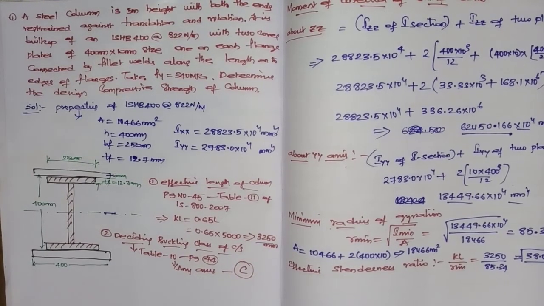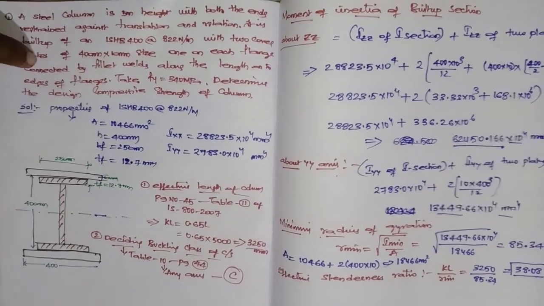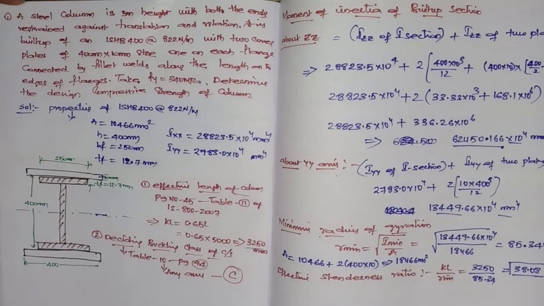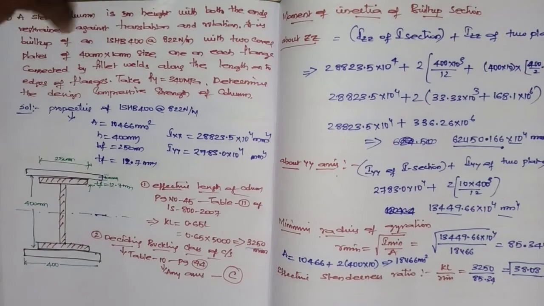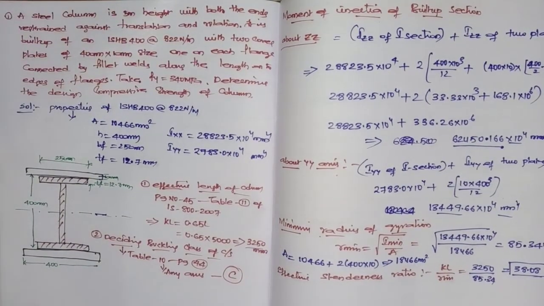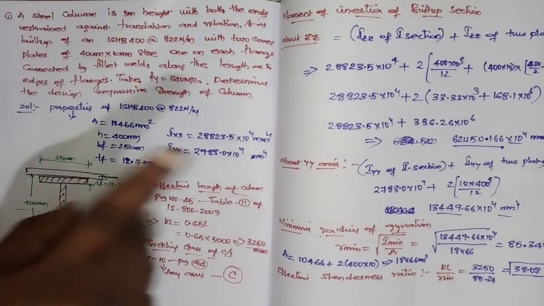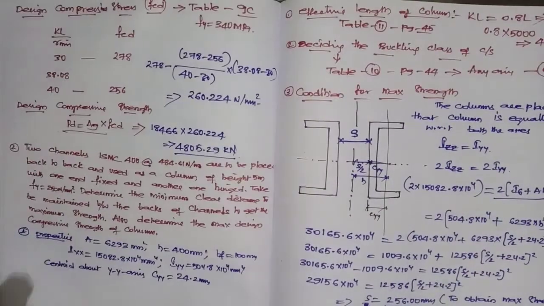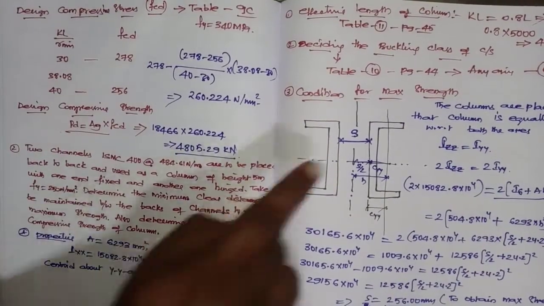Here the end condition is given: both ends of the column are restrained against translation and rotation, meaning a fixed condition, that is 0.65 L. Next we have solved another problem, channel sections placed back to back.